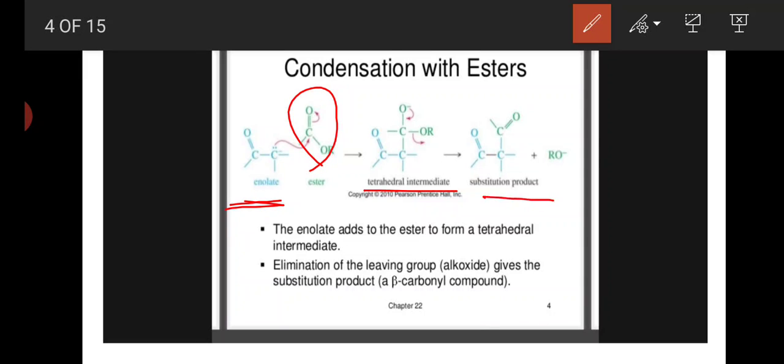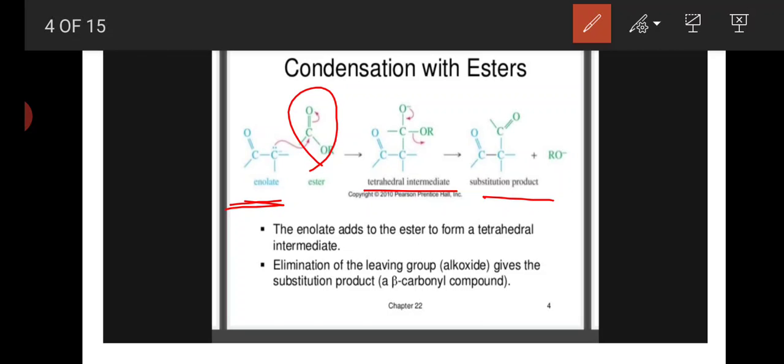After that, the substitution product will be formed. The enolate adds to the ester to form a tetrahedral intermediate. Elimination of the leaving group, that is the alkoxide, gives the substitution product. Here also the substitution product is a beta carbonyl compound.